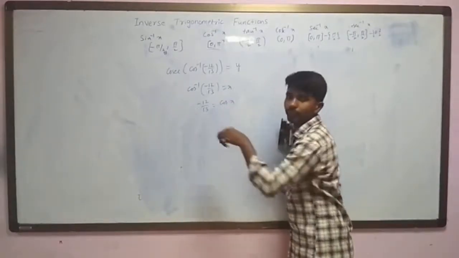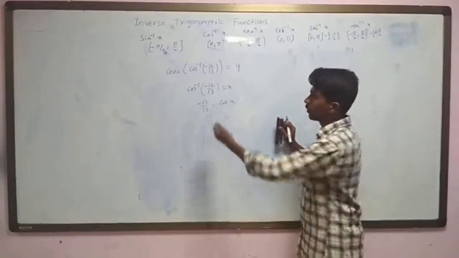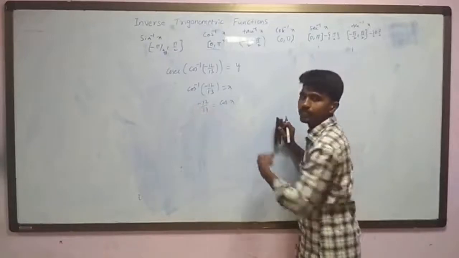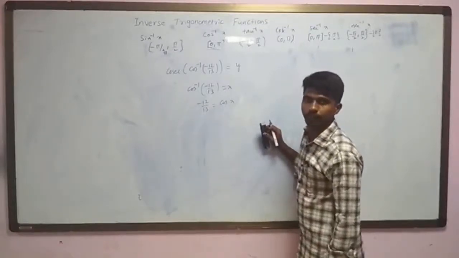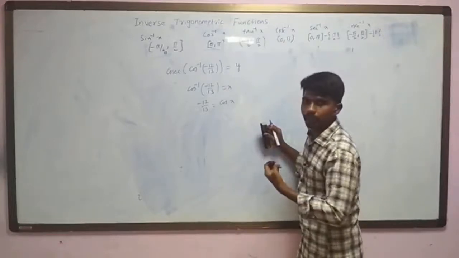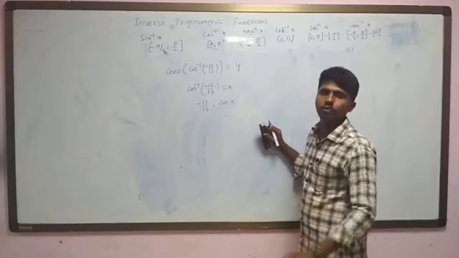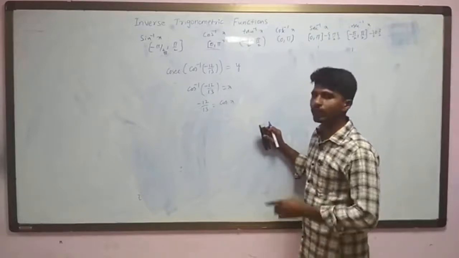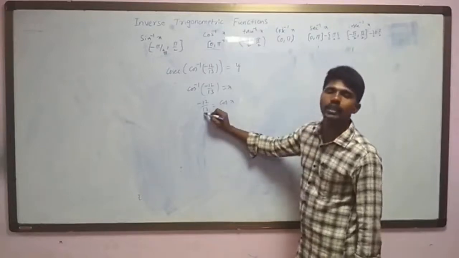Till now we got standard values, direct trigonometry. Now we got a value 12 by 13, which is not a standard trigonometric ratio. So we can write it in terms of 12 by 13, 5 by 13 in this way. So what we got here? We got cos x as minus 12 by 13, which is negative.